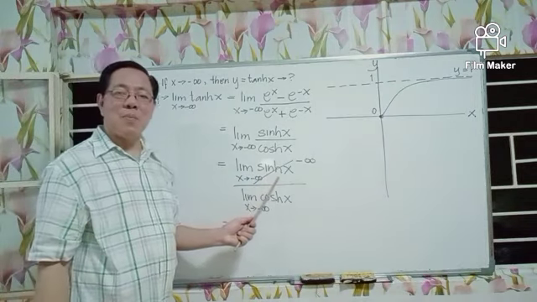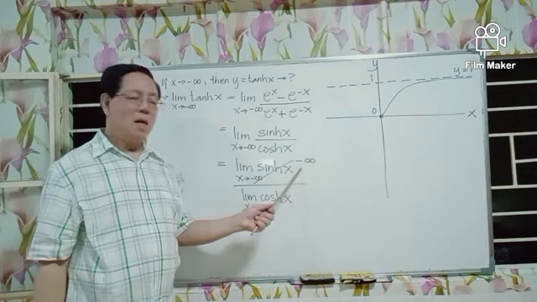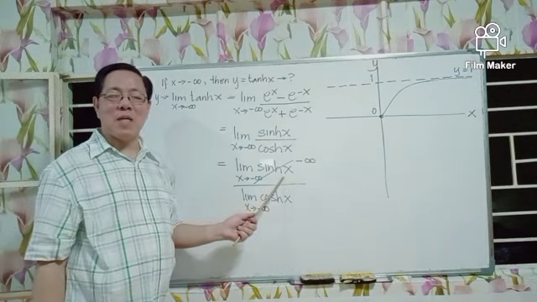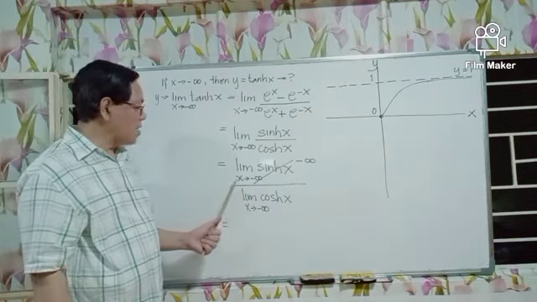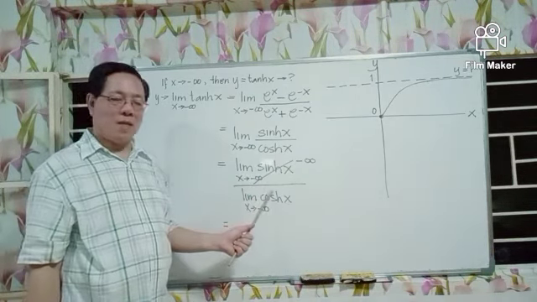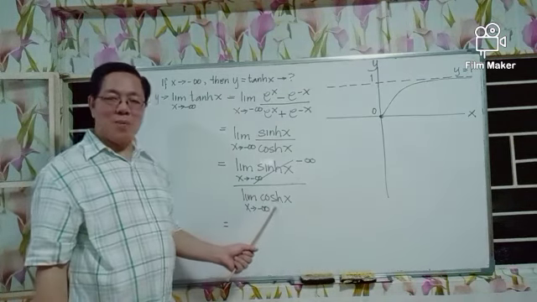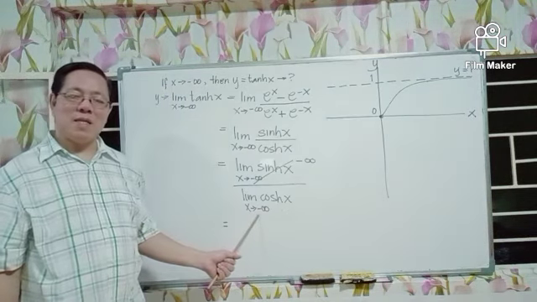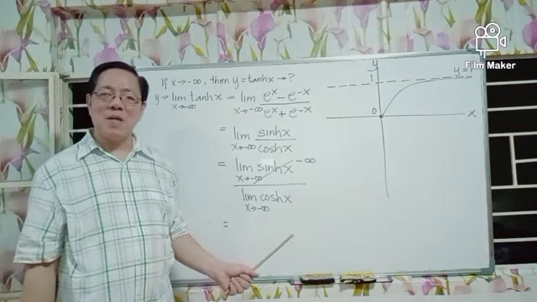The value of the hyperbolic sine of x is not exactly equal to negative infinity, but is approaching a very, very small negative real number, denoted by negative infinity, if x approaches negative infinity. And we have also shown earlier that the limit of the hyperbolic cosine of x as x approaches negative infinity is positive infinity.